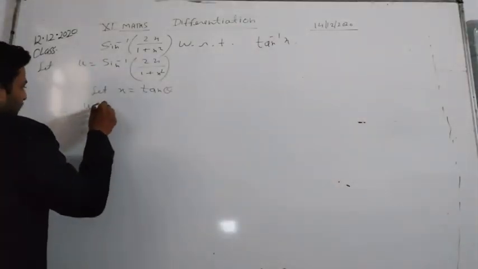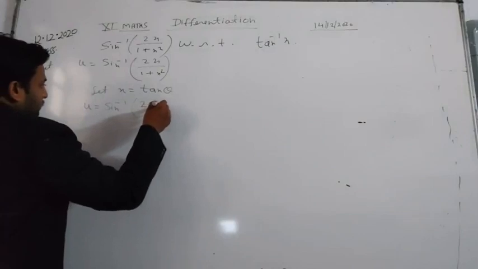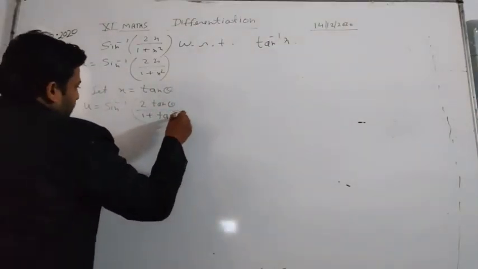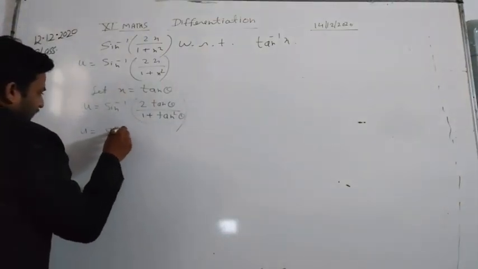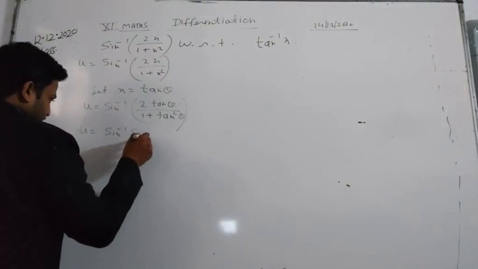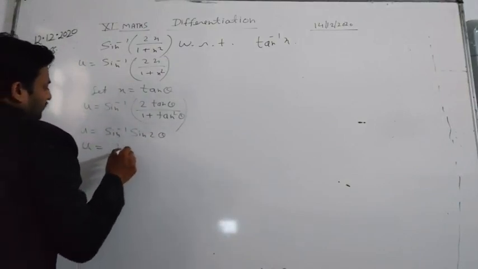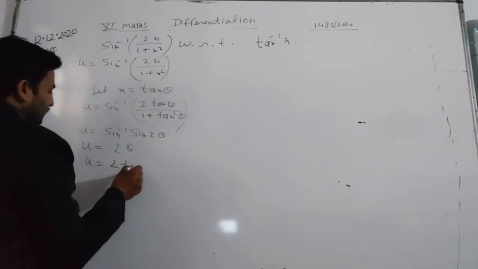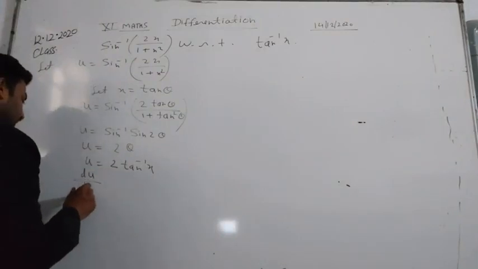So u is sin inverse 2 tan theta upon 1 plus tan square theta. So u is sin inverse sin 2 theta. So u is 2 theta. So u is 2 tan inverse x. Now differentiate this.